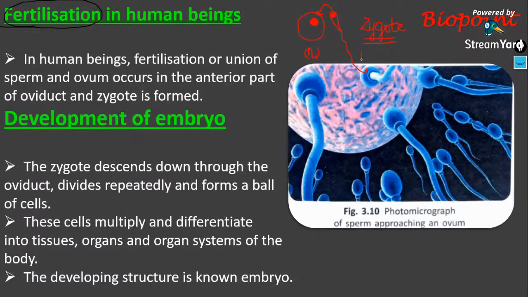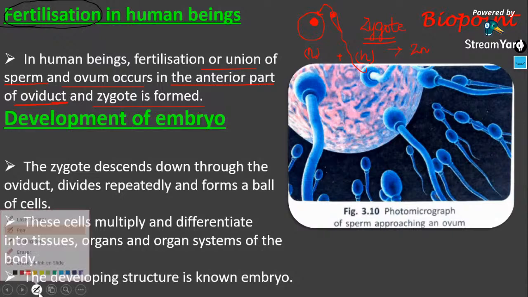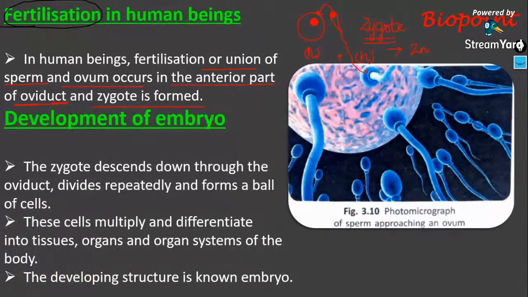Fusion between two haploid cells leading to the formation of a diploid cell is known as fertilization. Fertilization is the union of sperm and ovum, occurring in the anterior part of the oviduct, and the zygote is formed. Easy one, right? The zygote descends down the oviduct, repeatedly dividing to form a ball of cells. Actually, the zygote is a single cell like this. The one cell of the zygote will undergo division.